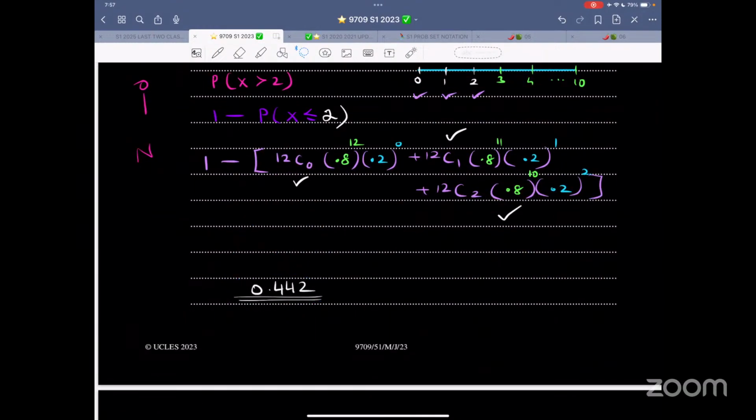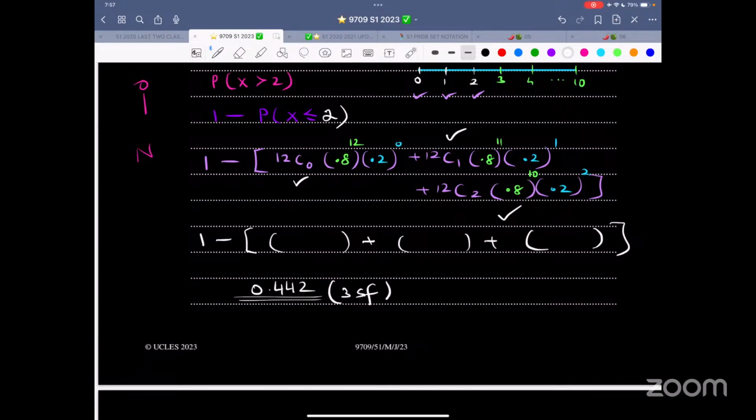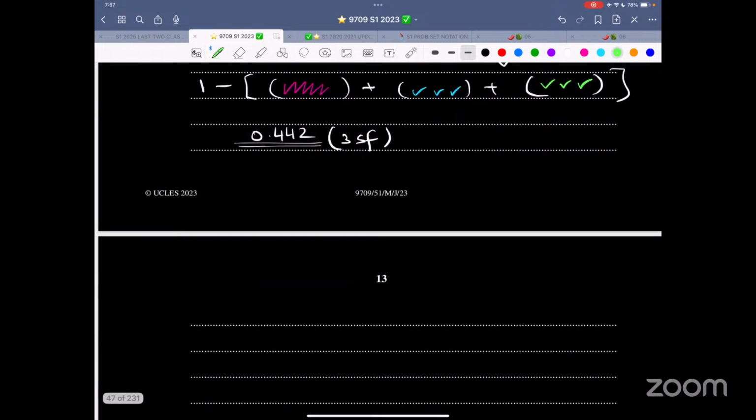You should write it like this: 1 minus the first answer, the second answer, the third answer, work in at least 4 significant figures, and then the final answer is 3SF. So you should have numbers over here corresponding to this one, and numbers over here corresponding to this one, and numbers over here corresponding to this. Got the idea? So you should write this down.